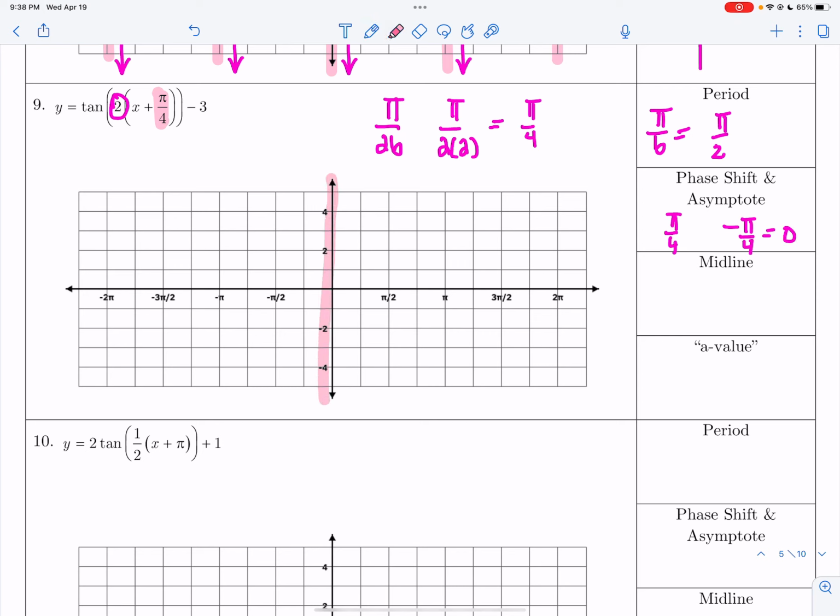Once I have 0 as my asymptote, I'm just going to play a game of my period being pi over 2 and adding pi over 2 throughout. And in this case, I'm only going to work with 0 to 2 pi because I am feeling lazy right now. Your midline is at y is equal to negative 3, so we'll graph that.